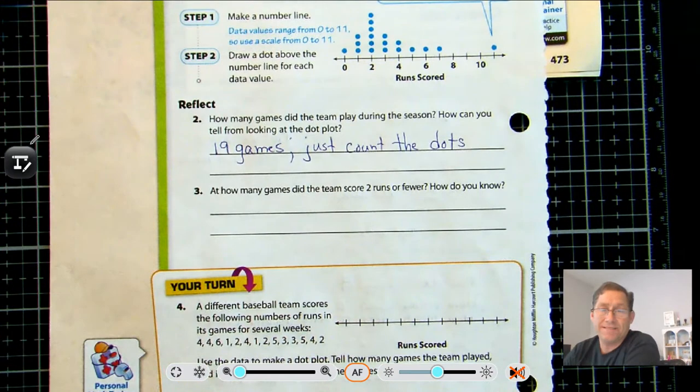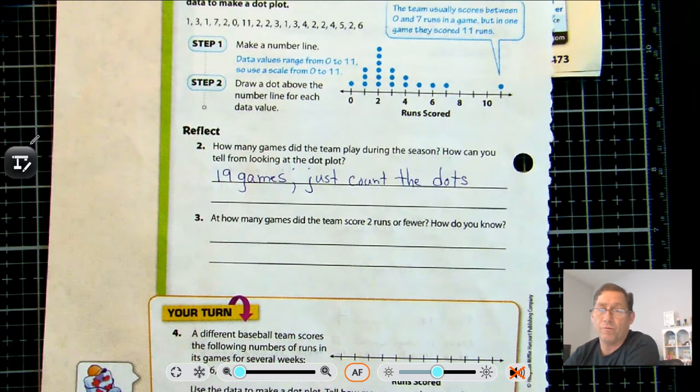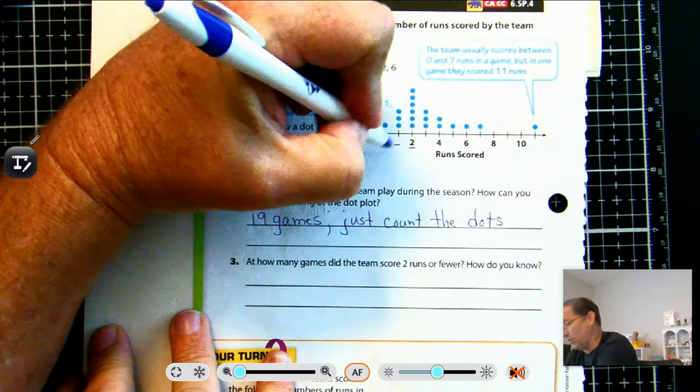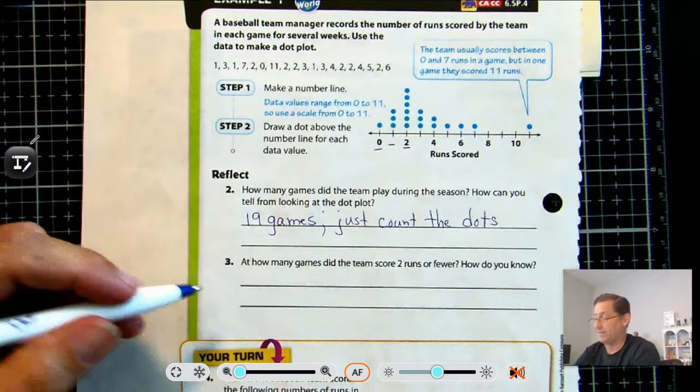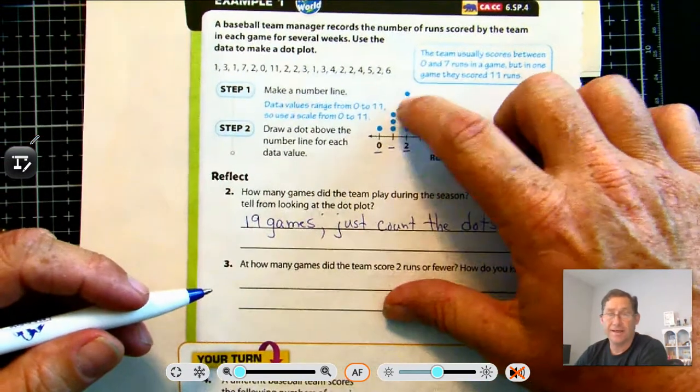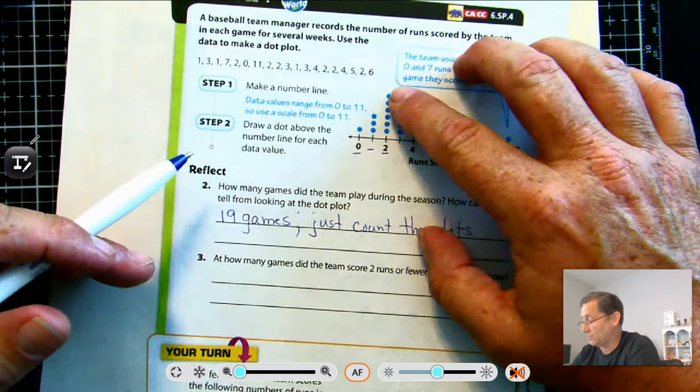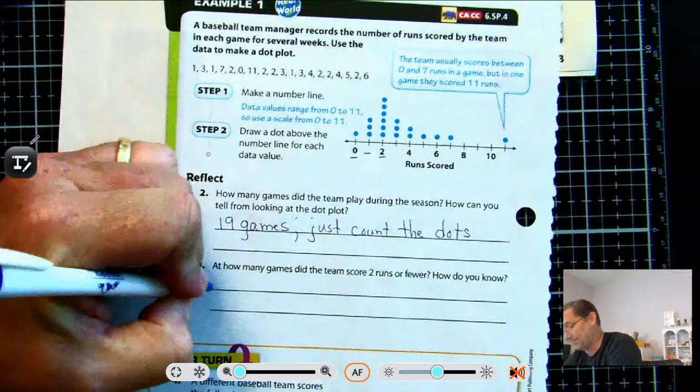All right, now how many games did the team score 2 runs or fewer? And how do you know? 2 runs or fewer. Okay, so we're going to add up the 2s, 1s, and 0s because that would be 2 or less. So 2, 4, 6, 9, 10.